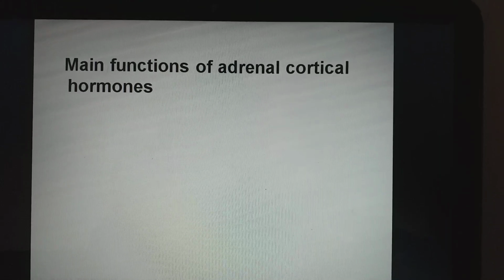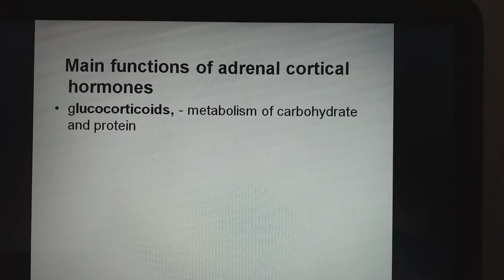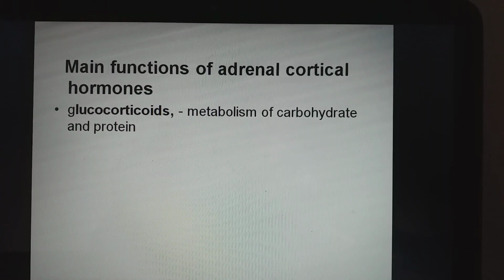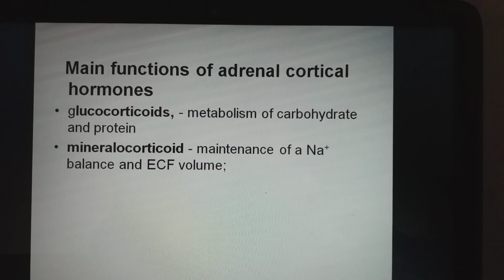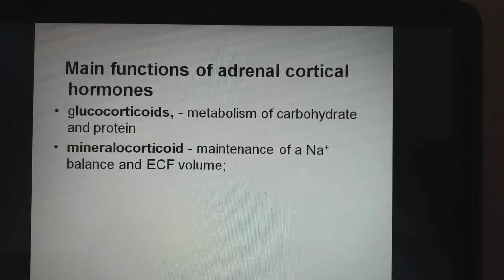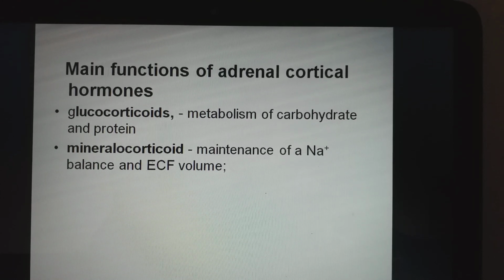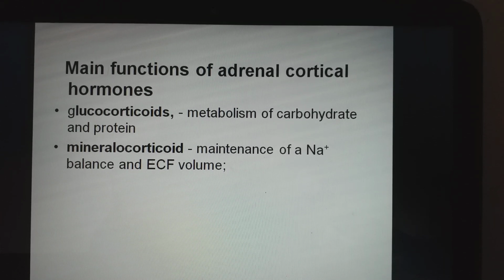So what are the functions of adrenal cortical hormones? First, glucocorticoids. By the name you know, they are involved in glucose metabolism and protein metabolism. Mineralocorticoids are more concerned with minerals, for example sodium and potassium, thereby maintaining the extracellular fluid volume.